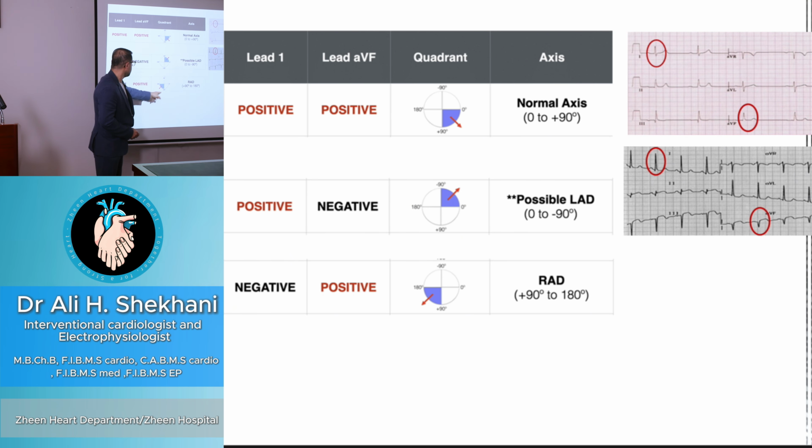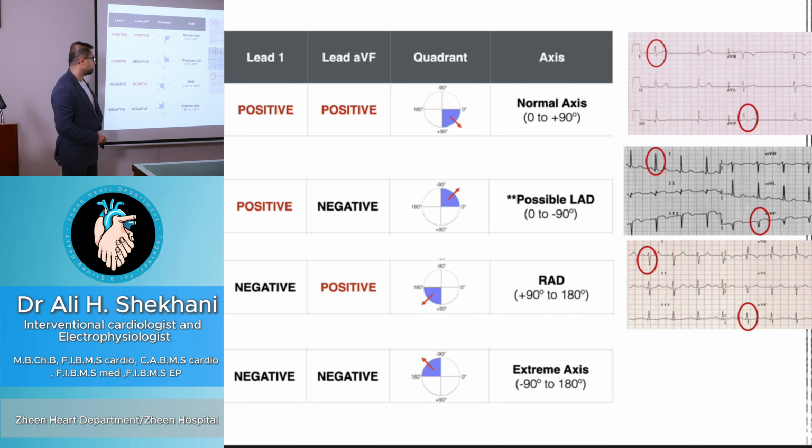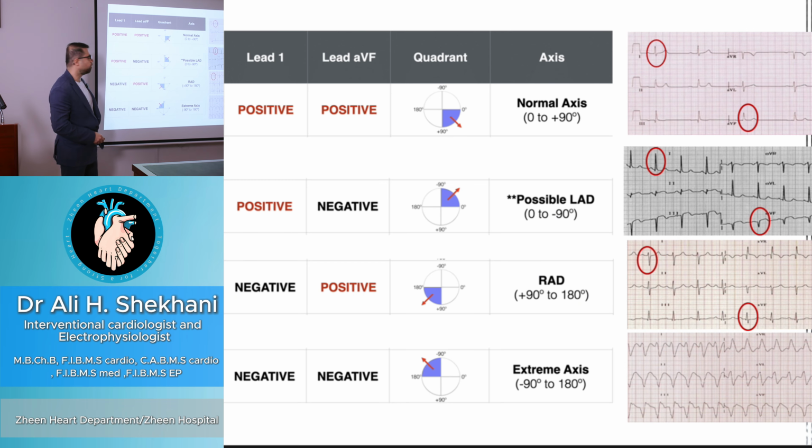The direction of electricity is toward aVF, while it is away from lead 1. So lead 1 is negative and aVF positive. And we have extreme axis. Usually this occurs in patients with VT, when all leads become negative, only aVR is positive.